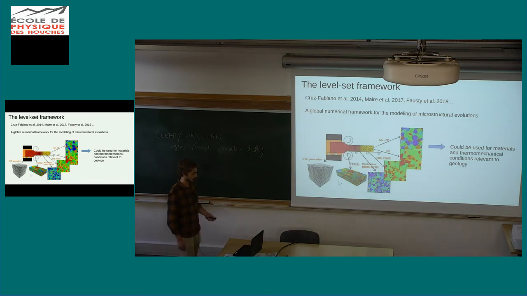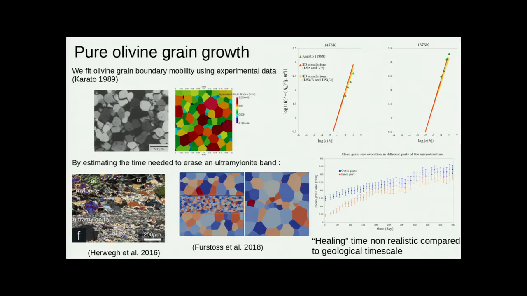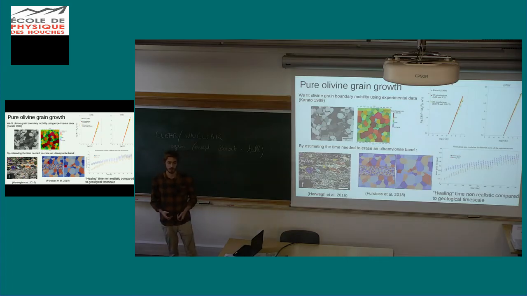So now I will present the main results I got during my thesis. First, I wanted to be able to reproduce the grain growth kinetics of pure olivine, which is a major mineral constituent of mantle rocks. For this, I used a methodology presented by Baptiste in the middle of the week.